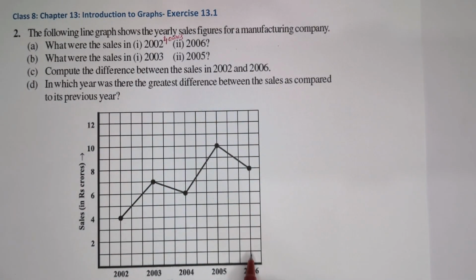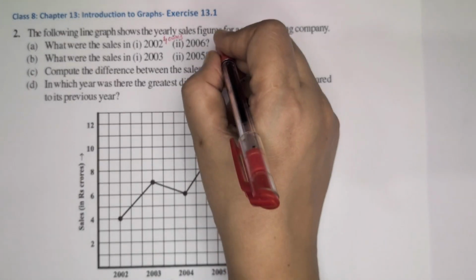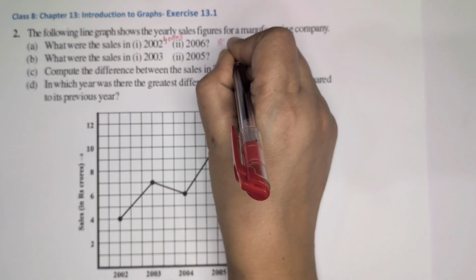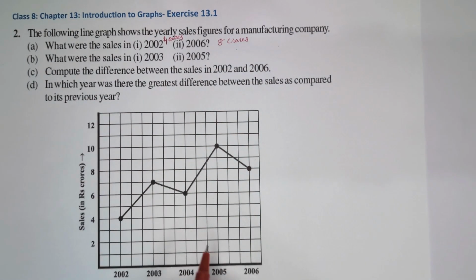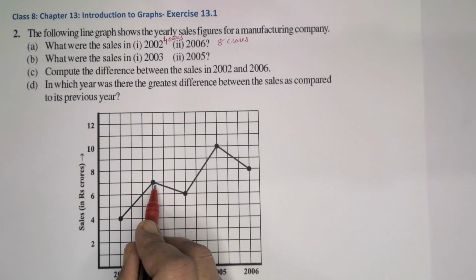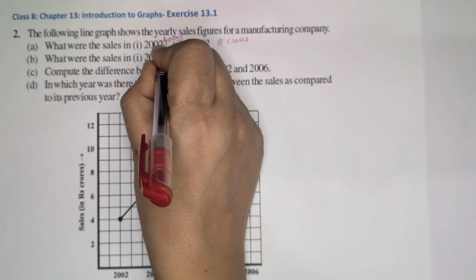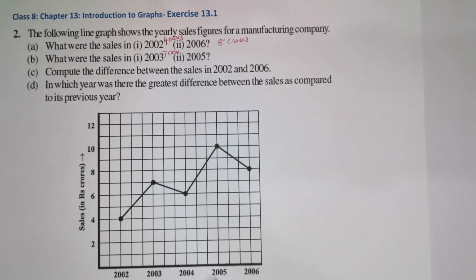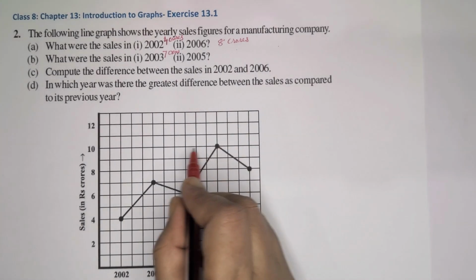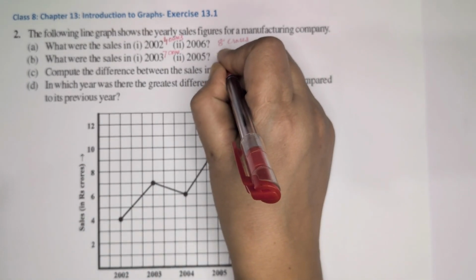Then in 2006, 8 crores. Then what were the sales in 2003? That is coming 7 crores. 2005, 10 crores.